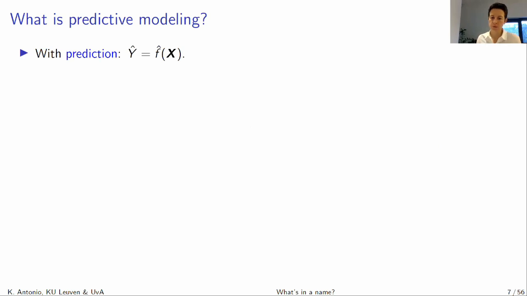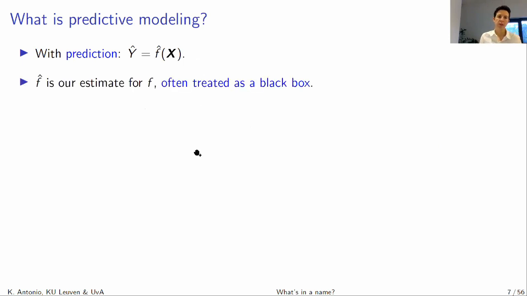When the focus is on prediction, we're interested in delivering a prediction for the target variable y. I will denote that here as y hat, which is the estimated function, f hat, evaluated in x. So that's the model that we build from the data, the model that we calibrate from the data. f hat is our estimate for f, and if our only goal is prediction, then we could treat this f hat as a black box.